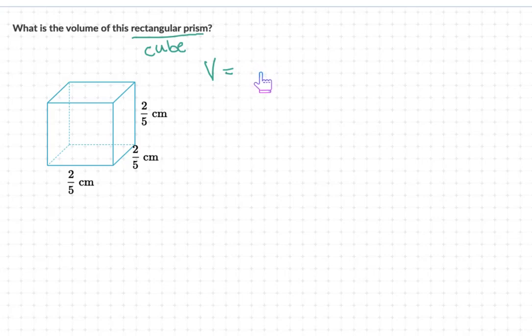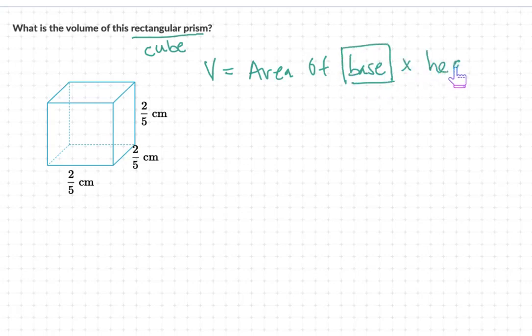You can still use the general formula, which is figuring out the area of the base, which is a square, multiplied by the height of the 3D shape. The only difference here is the area of the base is a square, so it's going to be the side times the side. And then the height is the same as that side, so it's just going to be that side 3 times.